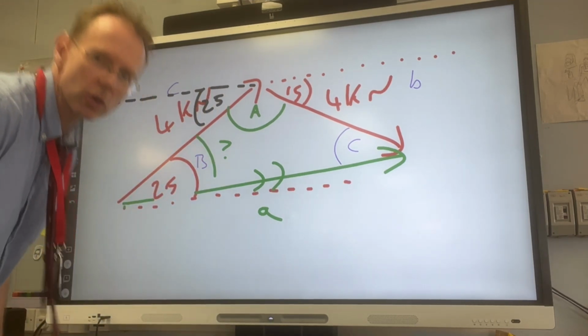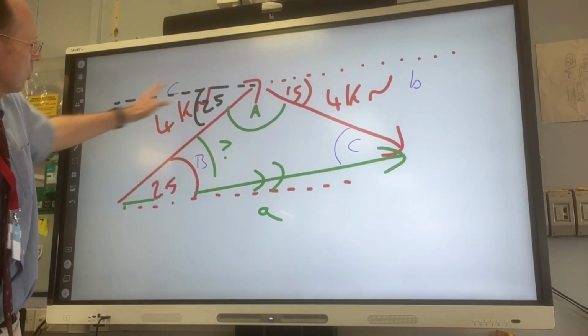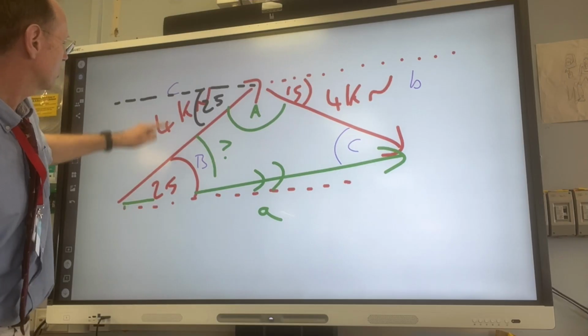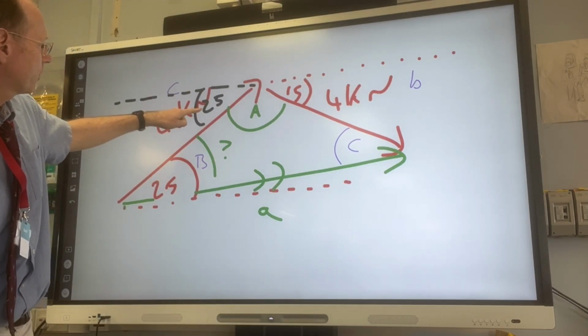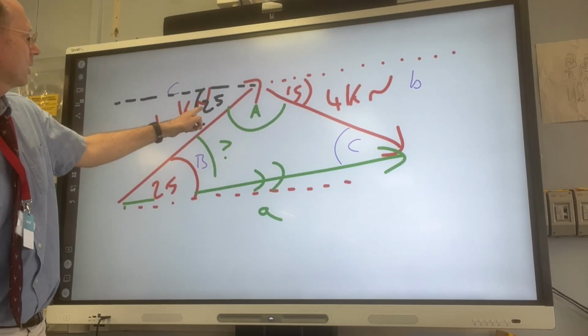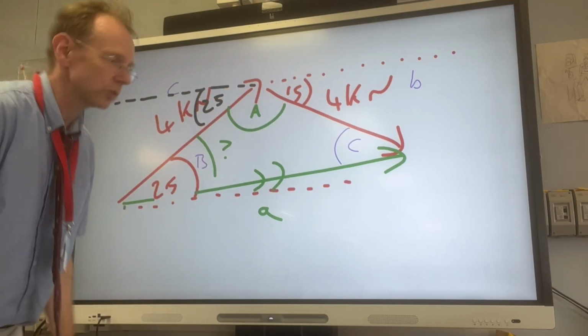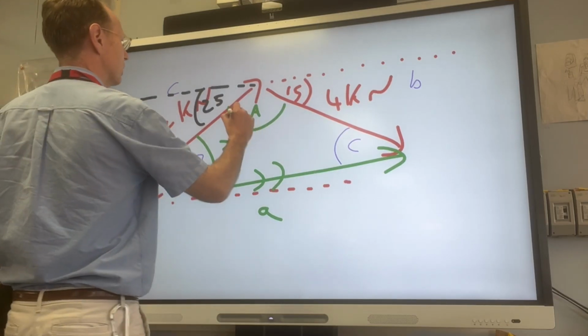That's how you work out the angle at the top. This is a Z, right? Two horizontal lines. So if this is 25, this is 25. If this is 25 and this is 15, then 40. It's going to be 180 minus 40. So it's going to be 140. So A is 140.